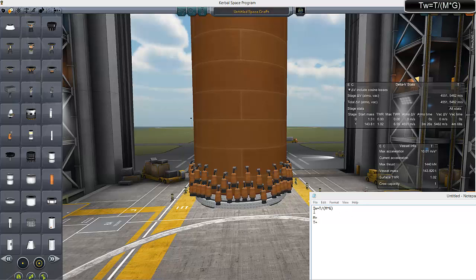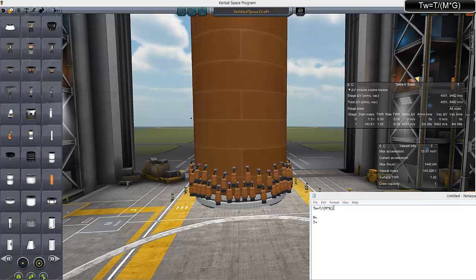Thrust versus weight ratio, the basic way to calculate it is TW equals thrust versus weight ratio, T equals thrust, and M equals mass or weight, how much weight, in tons. G equals the constant gravity.